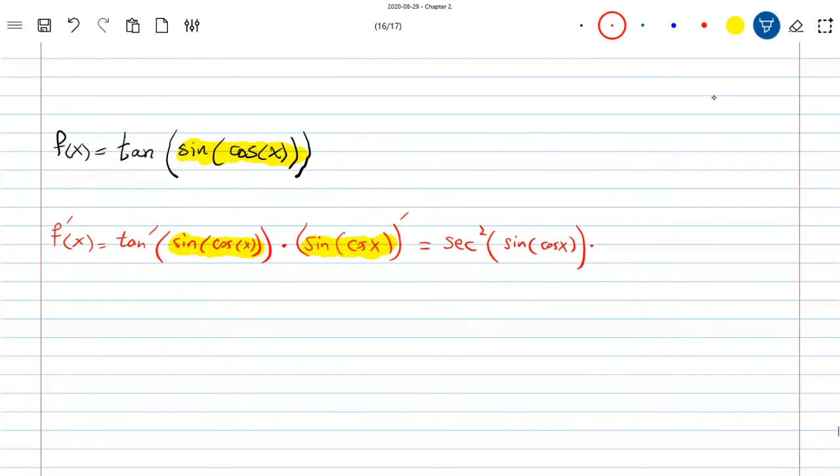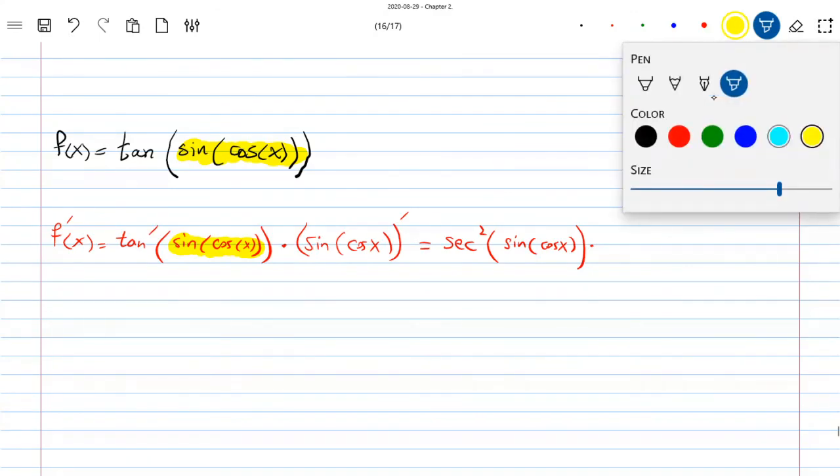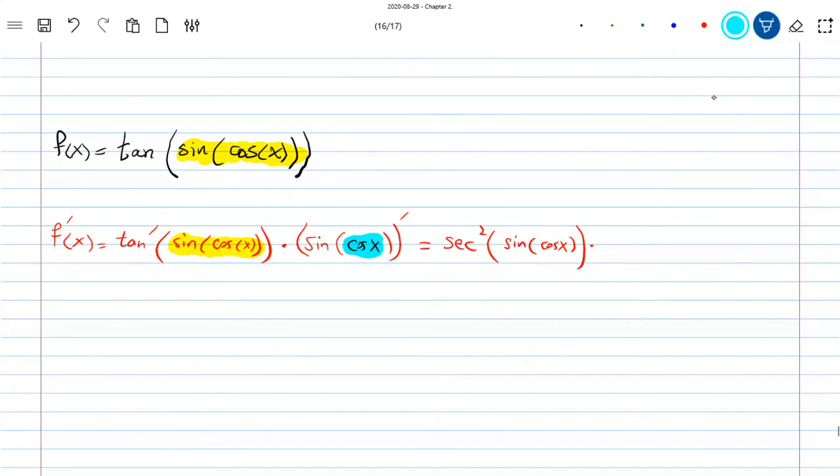Again, now here, this highlighted section, I can break it into 2 parts: here's an inside function and an outside function, and I can take the derivative of that. What would be the derivative? It would be the outside function's derivative, so the sine derivative operating on cosine, multiplied by the cosine derivative.